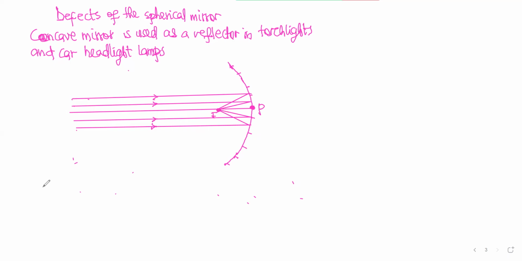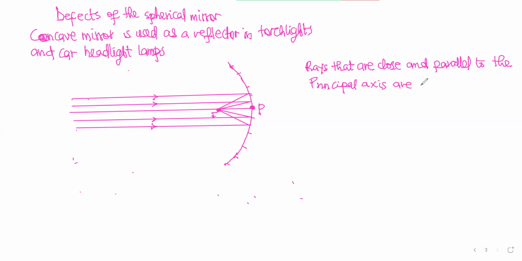Now what happens when the rays, and please, rays that are close and parallel to the principal axis are called para-axial rays.